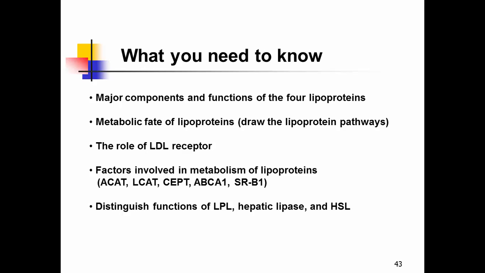One source is the diet, and the other source is de novo synthesis of fatty acids, initially from dietary carbohydrate, right? And the third source of fatty acids in the triglyceride in VLDL is the pickup of fatty acids from the circulation, right?